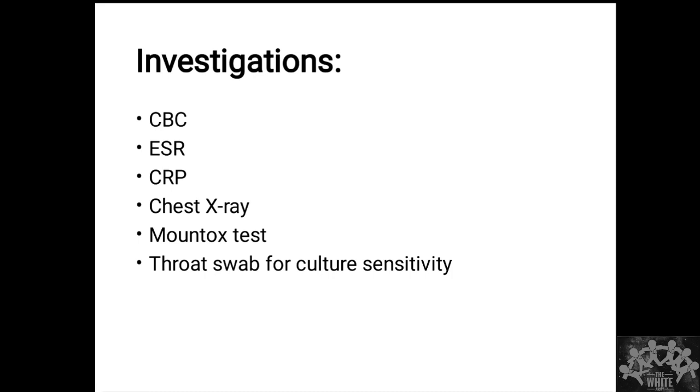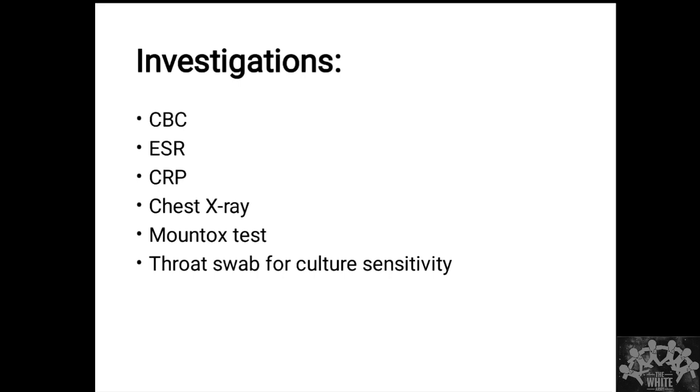Okay, you mentioned Monto test and throat swab. Monto test is specifically for tuberculosis, if the history or your examination is suggestive of tuberculosis. So for a tubercular workup, we do a chest X-ray or Monto test. It's an intradermal test, and we read the Monto test for induration after 72 hours.